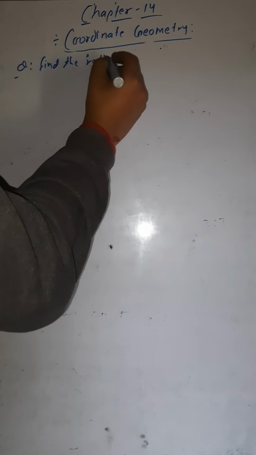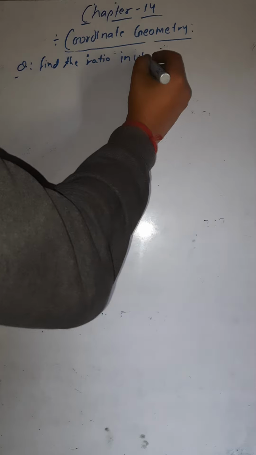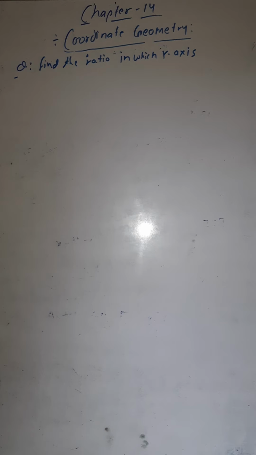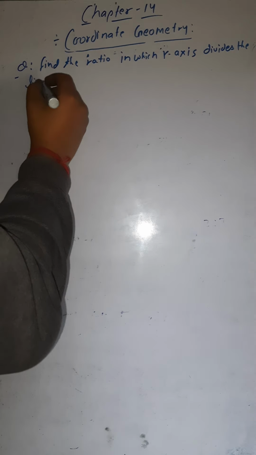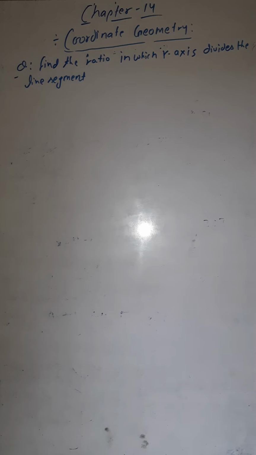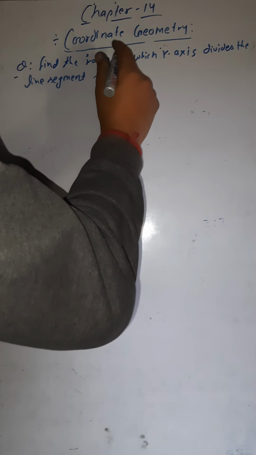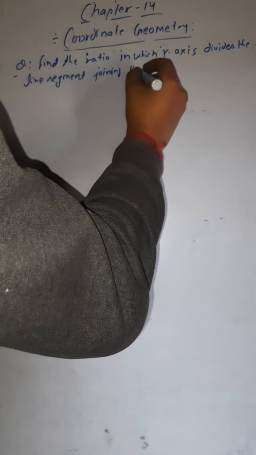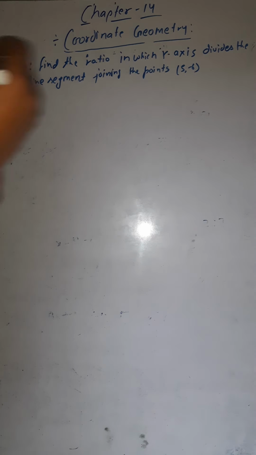Find the ratio in which the y-axis divides the line segment joining the points 5, -6 and -1, -4.